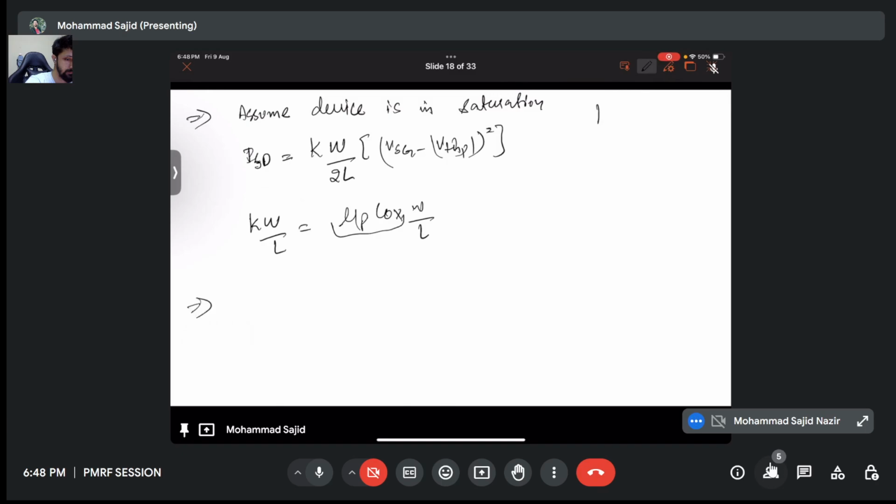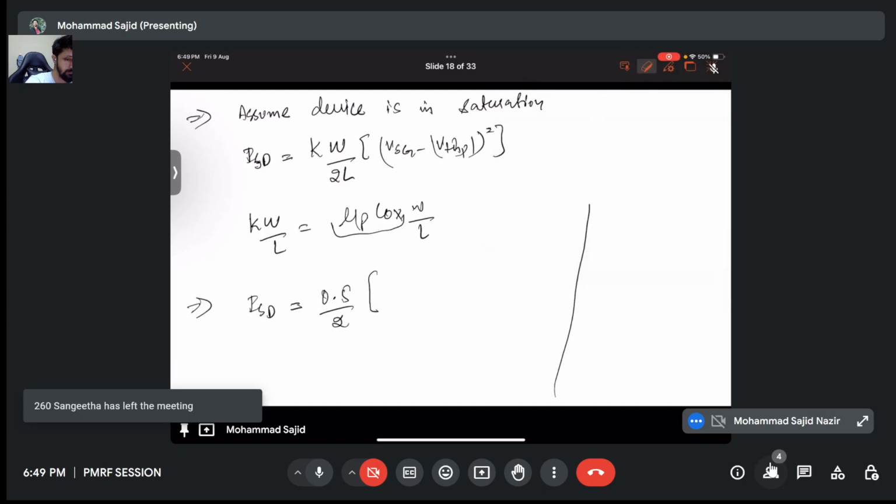Just directly write the values. So my ISD will be 0.5 by 2 VSG.